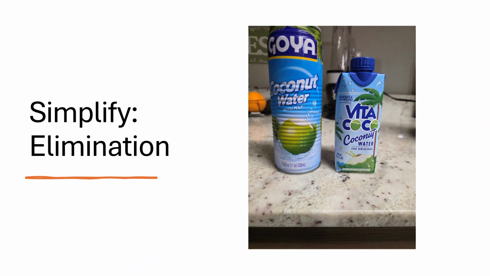Goya's label is busier. It has splash graphics, bold fonts, and visuals that compete for attention. So Vita Coco shows how elimination can strengthen clarity. Goya could simplify its layout to better highlight the product's freshness and purity.